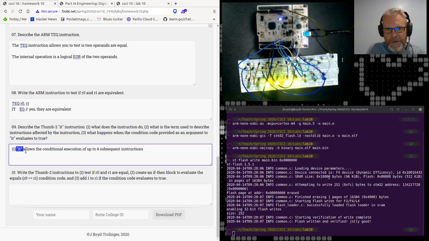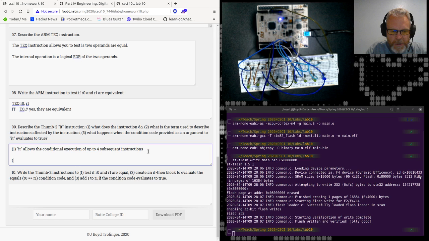And it actually allows you to chain together as many as 4 subsequent instructions conditionally. It's a cool thing. And it doesn't take very much practice, I think, to get used to it. I know you're not used to it yet, but you will get used to it. So that's what it does.